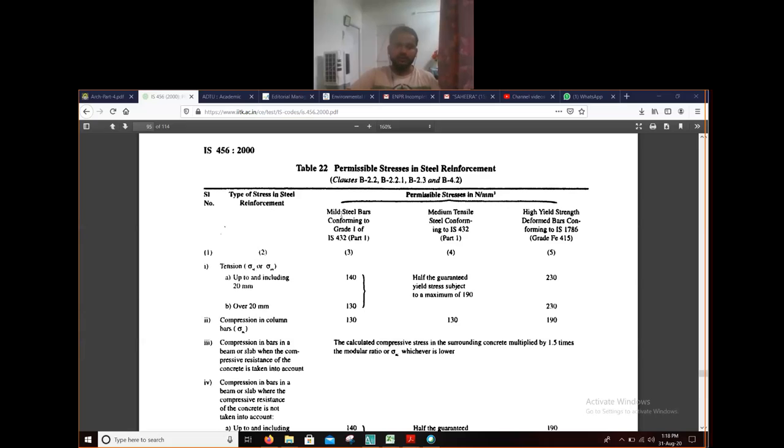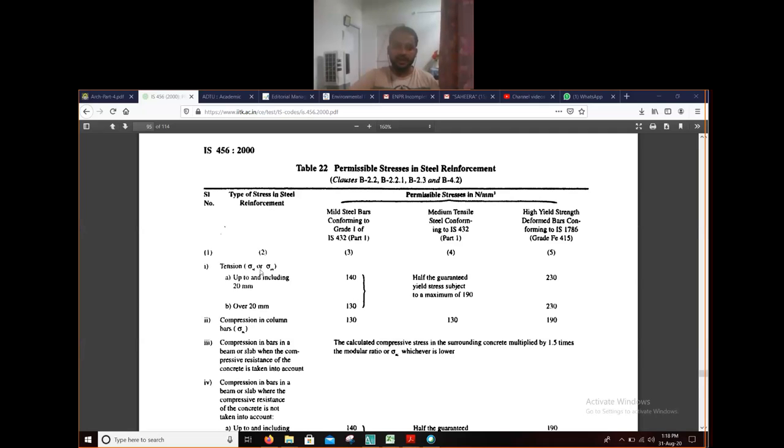Now if mild steel is given, that means if you are using Fe 250, then you have these two values, 140 and 130. You can choose these two values. For any problem you can't take 140 or 130 arbitrarily.